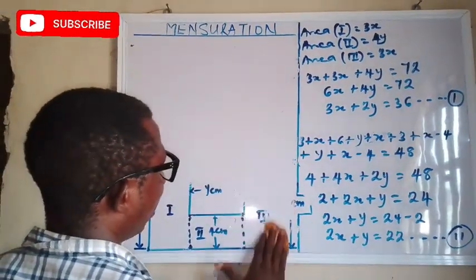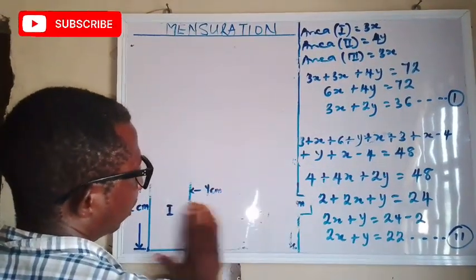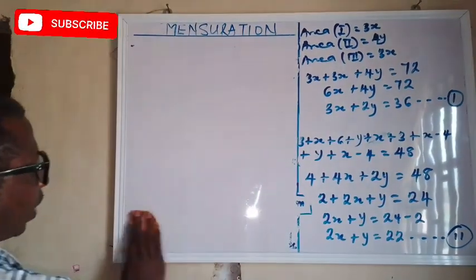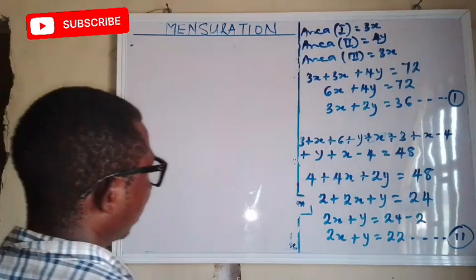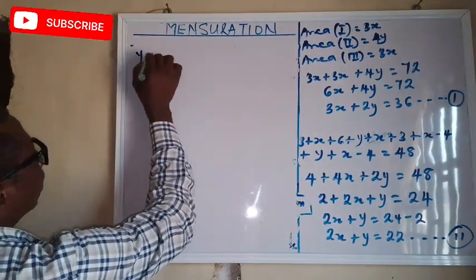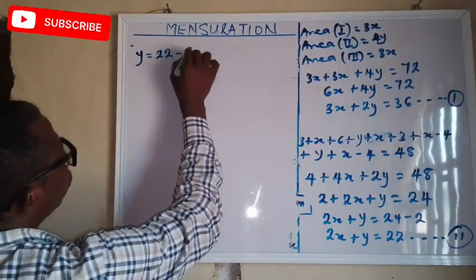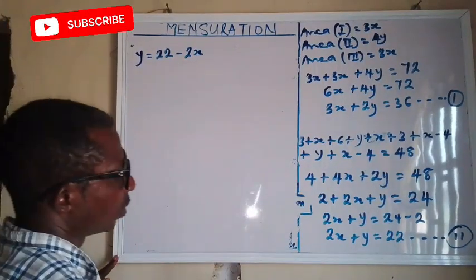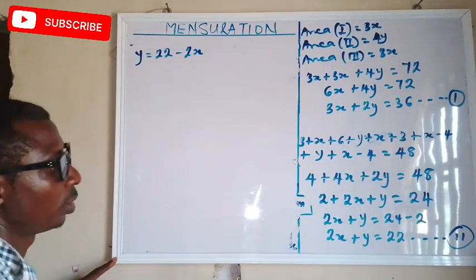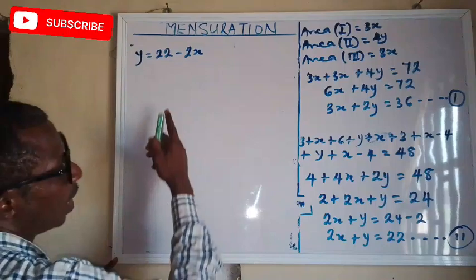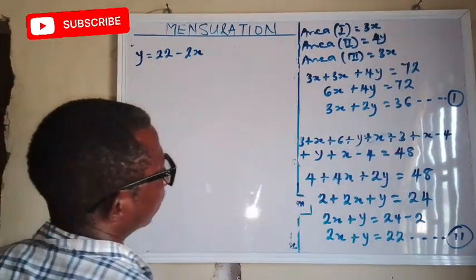All right, so let's use the substitution method. Now from equation 2, we can make y the subject of the formula. So y equals 22 minus 2x. Okay, 22 minus 2x. So you substitute y into equation 1.